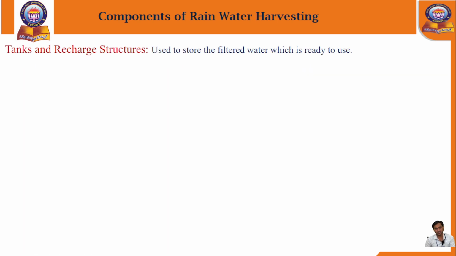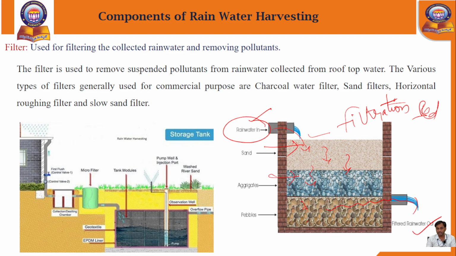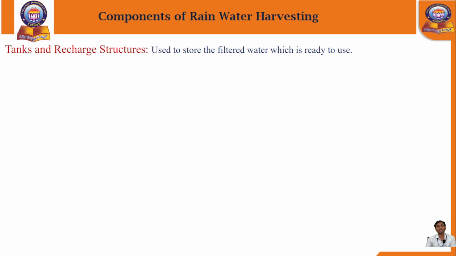Okay, and the last one, tanks and recharge structures. In the previous image, the filtration process was completed. After the filtration process, the water which gets purified and comes out from the filtration bed should be stored in tanks or recharge structures.